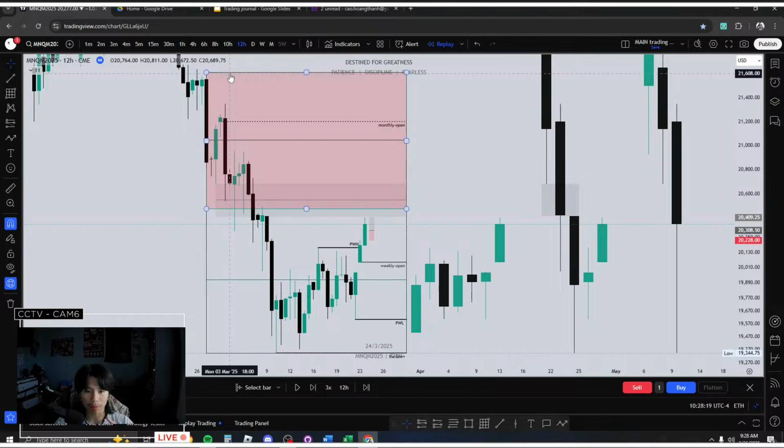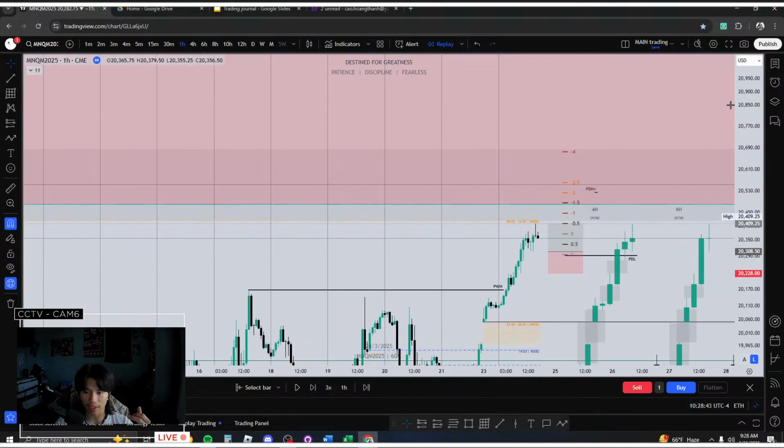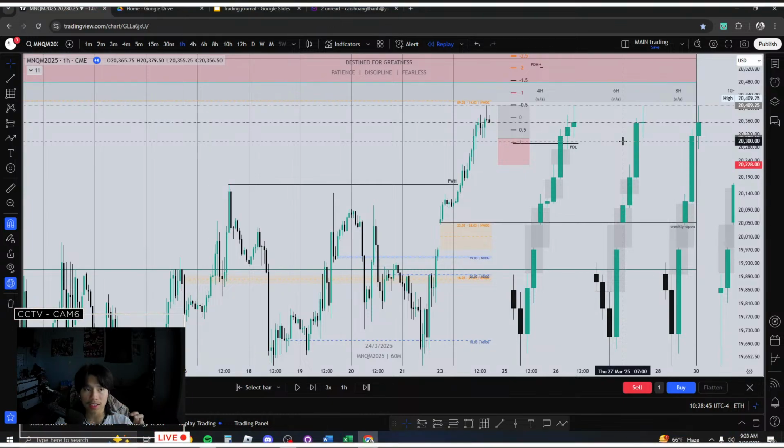One thing I do want to mention here is notice how I'm going from this dealing range on the 12-hour time frame onto the daily, and from the daily I'm going onto the 4-hour, the 6-hour, the 8-hour, or the 10-hour for an entry pattern, right? I'm not going from the daily straight onto the 1-minute time frame. There's no correlation there. This whole concept is time frame alignment, right?